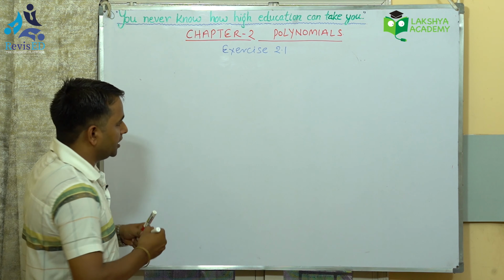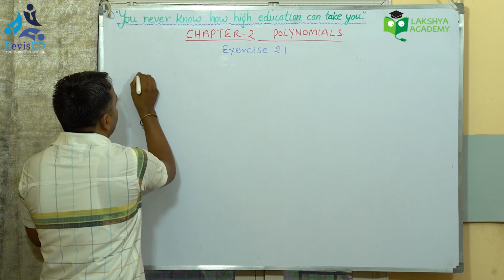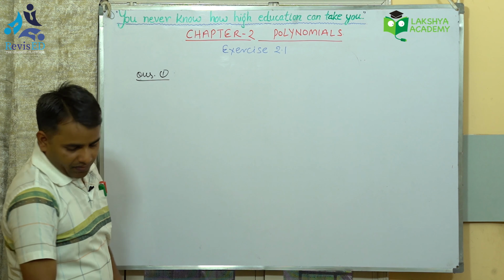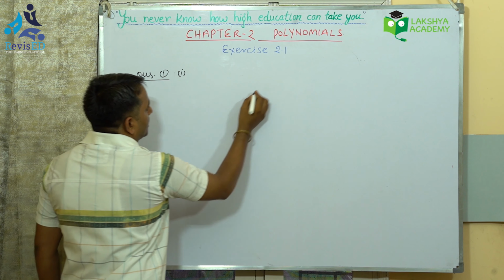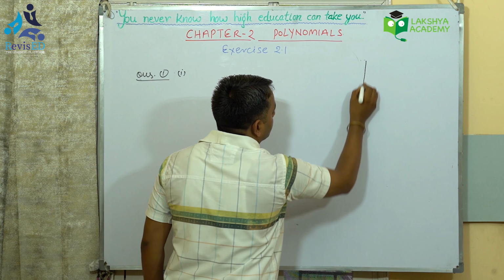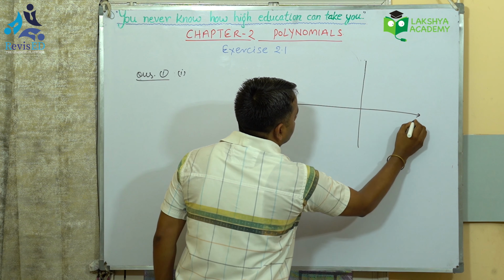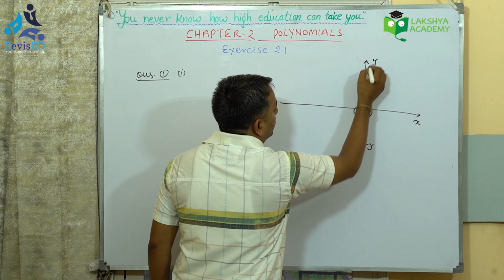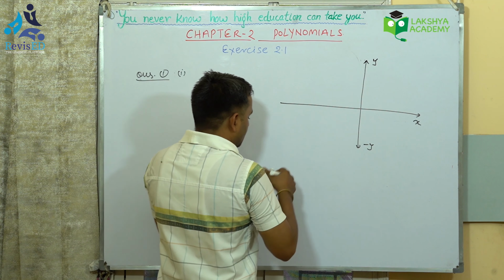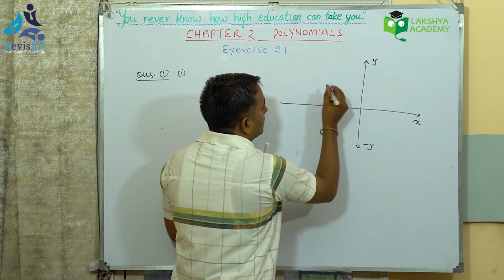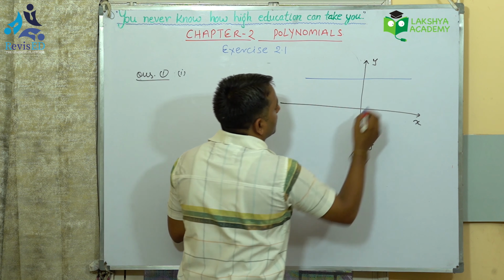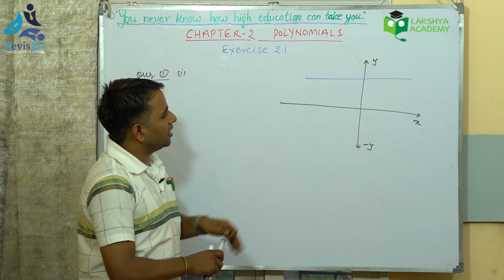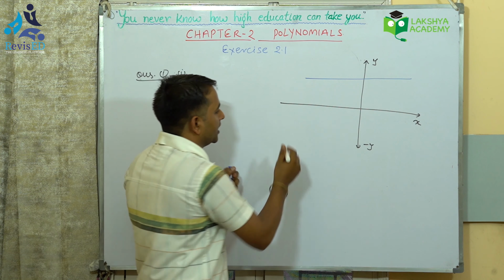Now see the first question in your exercise 2.1, question number 1. First part. Now see the graph is like this, with x, minus x, y and minus y. Now see that this graph is not touching or intersecting the x axis anywhere.